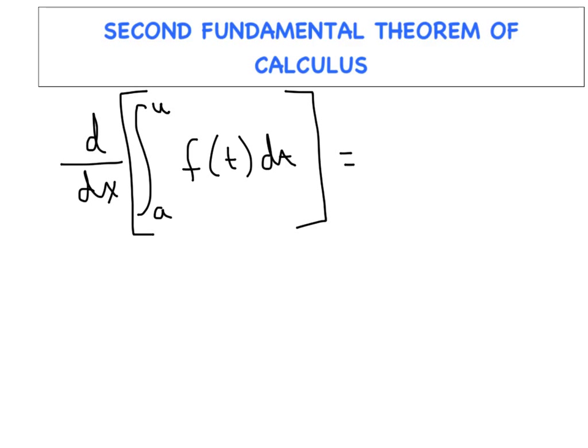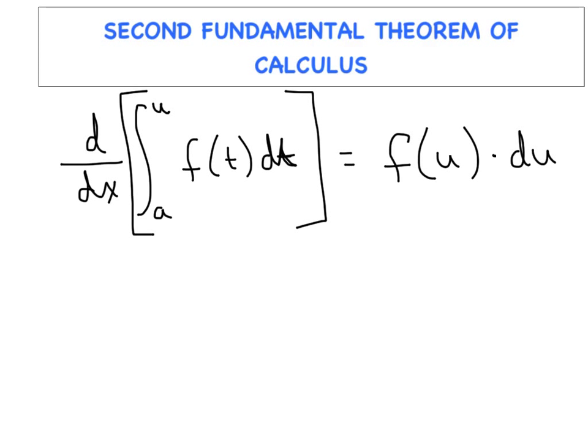You don't have to do the integral all the way through and then derive it all the way through. Make sure that looks like a t right there, okay? Basically the two operations are going to undo each other. You're going to get f of u times the derivative of u, alright?